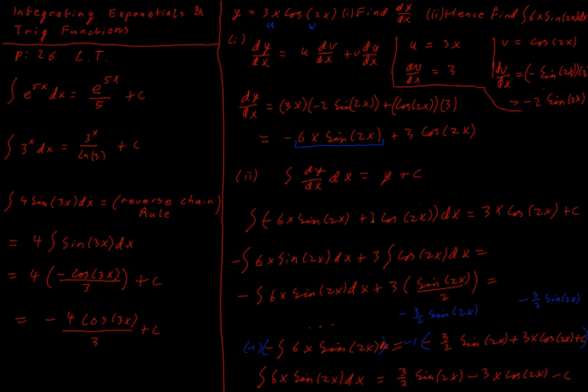And then you are going to isolate the thing you are asked for the integral of. So it's a little bit messy, but it is perfectly workable. You're just having to spot that you have a common term here for your part 2. And that is what we need for integrating.